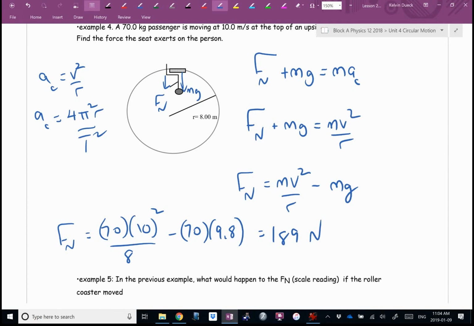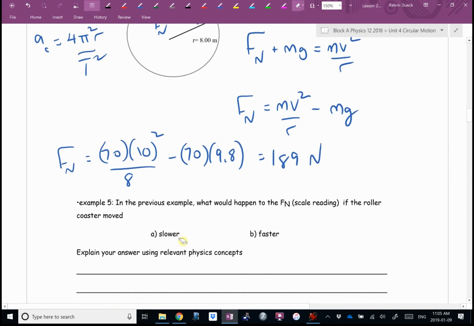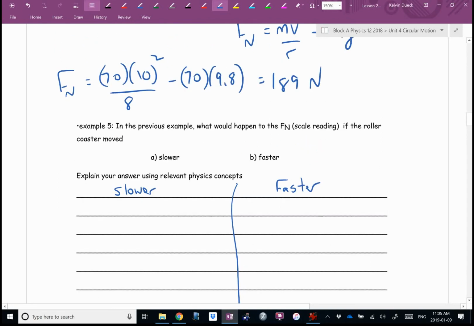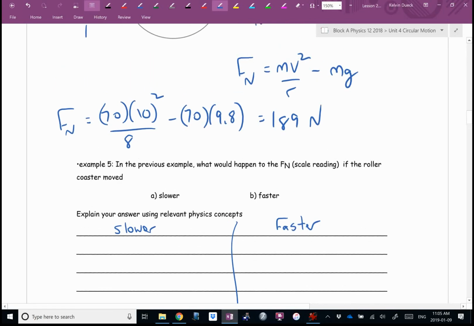In the previous example, what would happen to the normal force if the roller coaster moved slower and then faster? What happens if the coaster slows down?